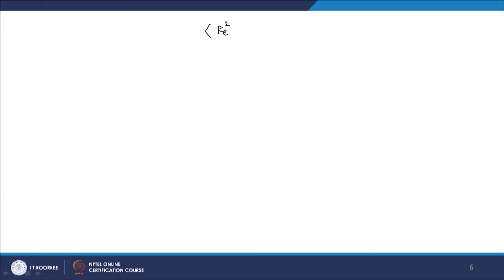So, now again if I take Re squared and its ensemble average, we will have sums of this sort. But unlike earlier, where this value was non-zero only when L equals M, now this value will be non-zero even for other cases.